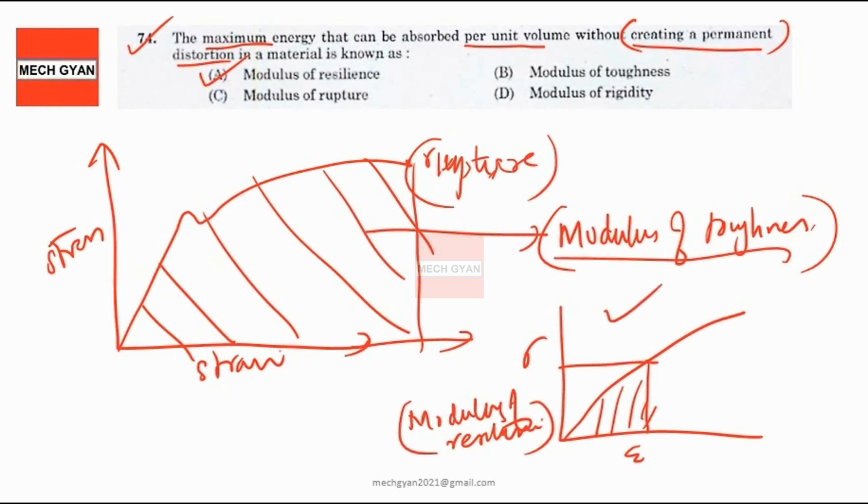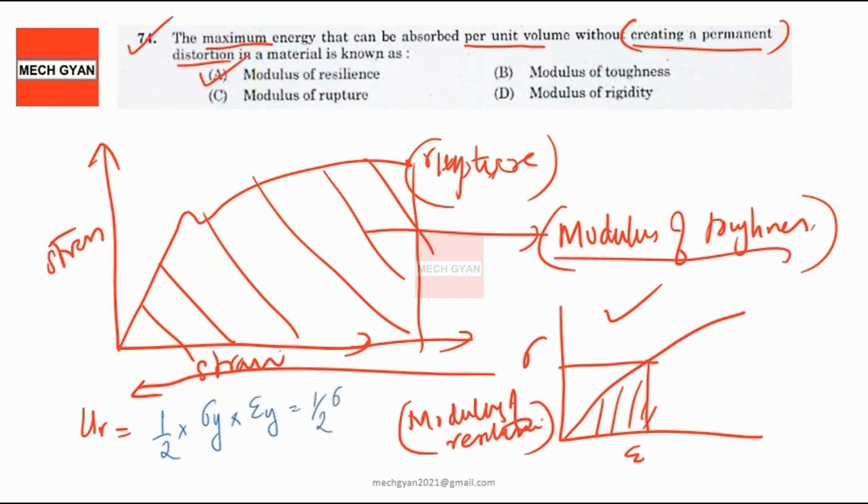Now modulus of resilience can also be written as UR is equal to half into stress into strain, sigma y, and strain can be written as stress by E, so sigma y into sigma y by E, or sigma y square by 2E.